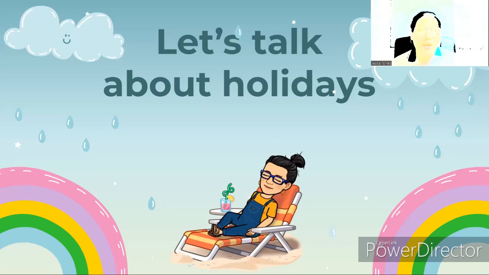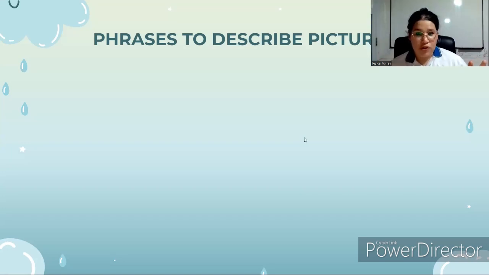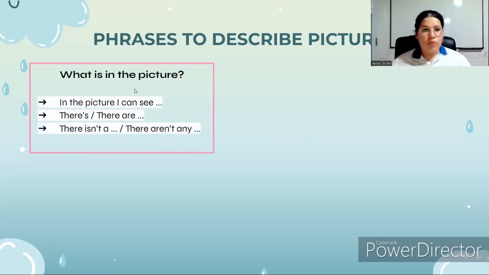Before starting, I would like to show you some phrases that you can use in order to describe pictures. In this case, these 4 pictures that we're going to work with are related to holidays. But these phrases are useful to describe any kind of picture or images, right?